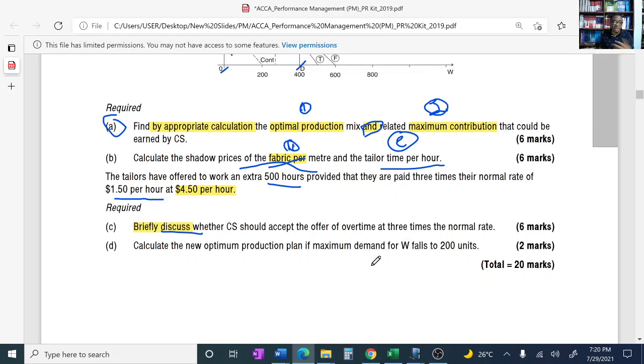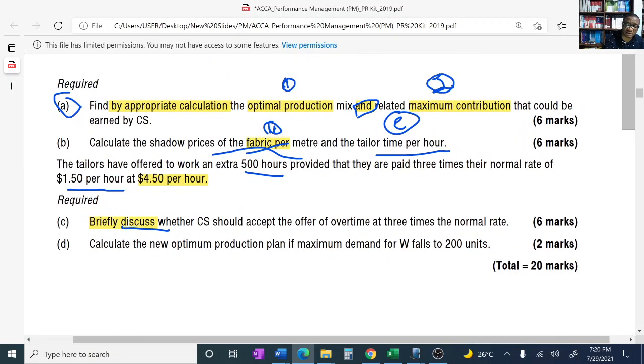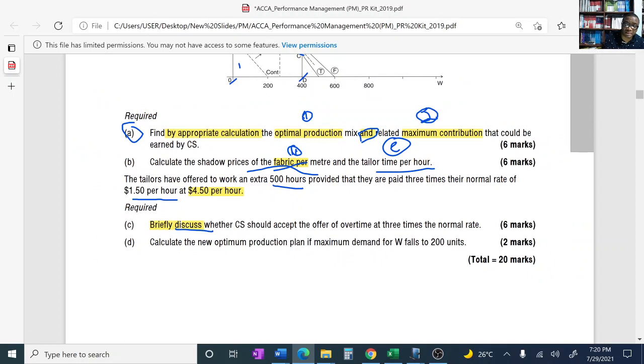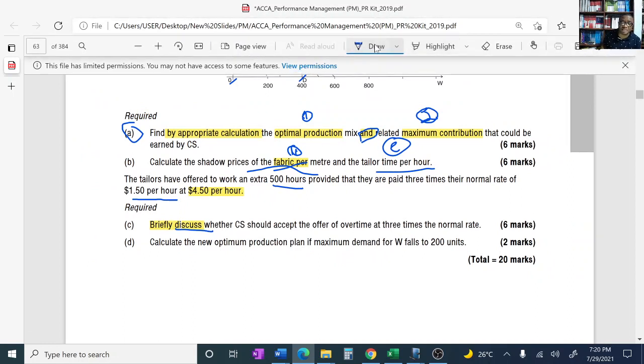When we worked out the shadow price, you will notice that it was given as 4.